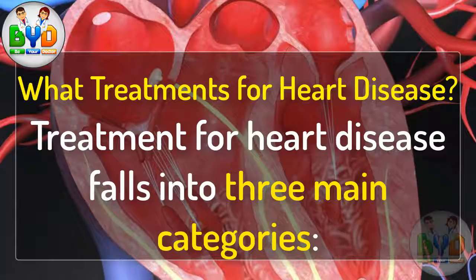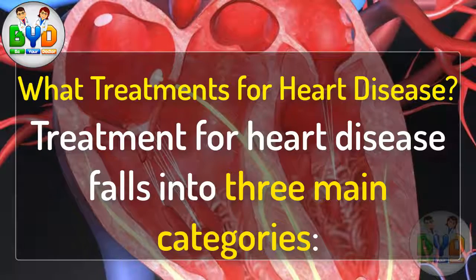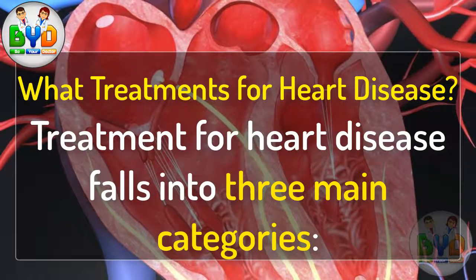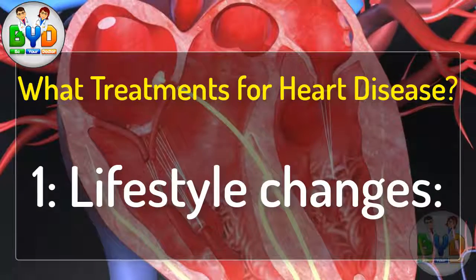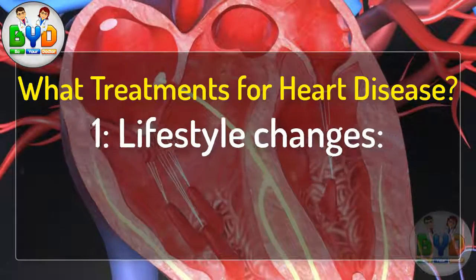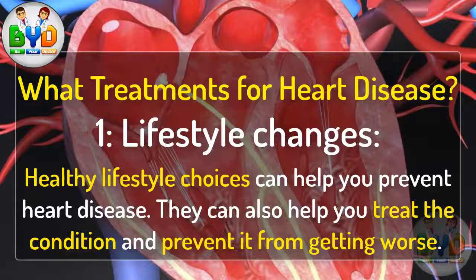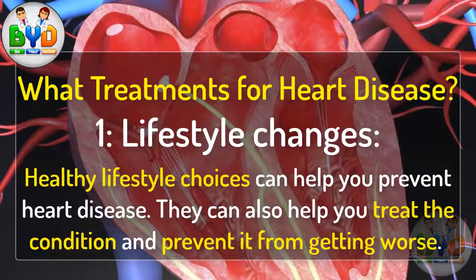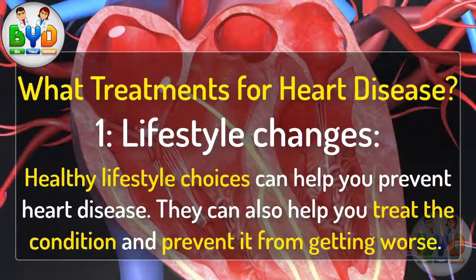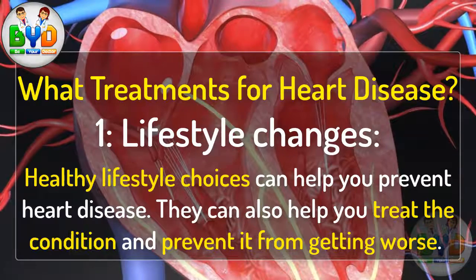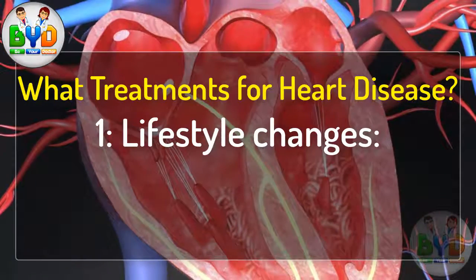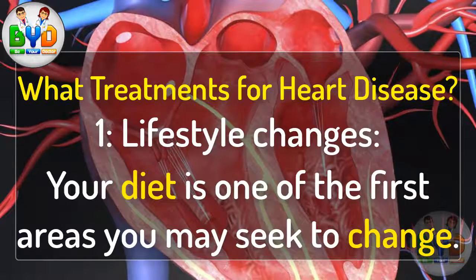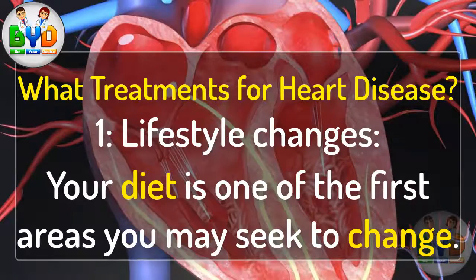Treatment for heart disease falls into three main categories. 1. Lifestyle changes. Healthy lifestyle choices can help you prevent heart disease. They can also help you treat the condition and prevent it from getting worse. Your diet is one of the first areas you may seek to change.